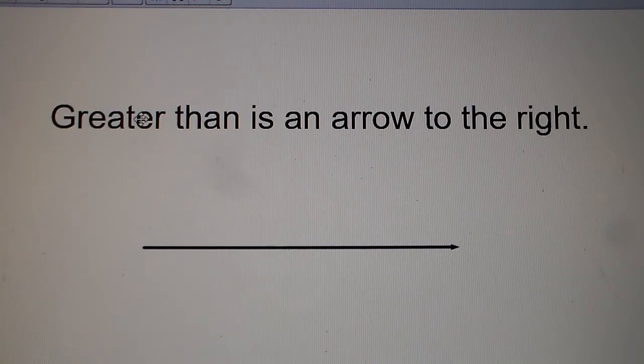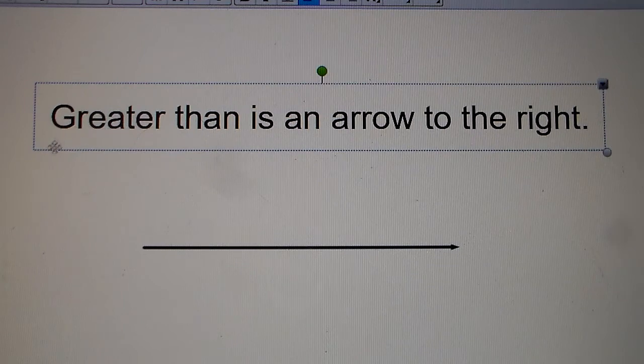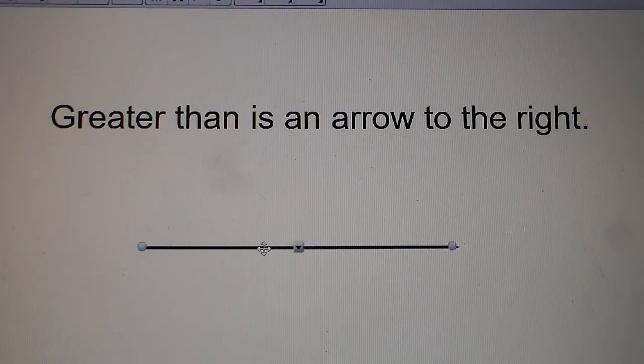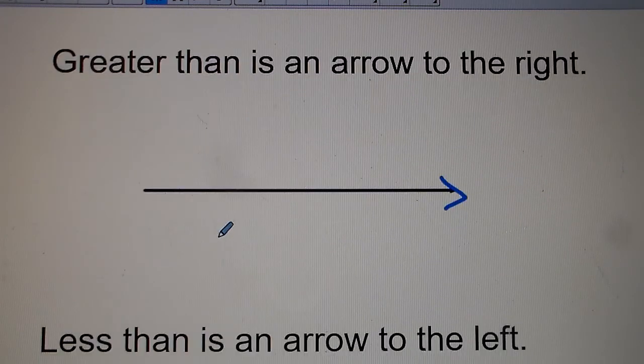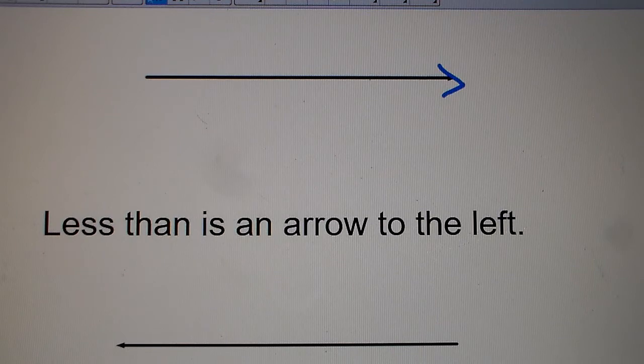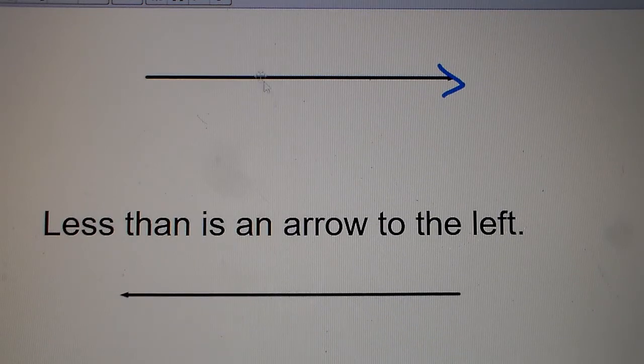So make sure you remember, greater than is an arrow to the right, like you see here. Make it a little bit bigger. Less than is an arrow to the left, like you see there. So greater than is to the right, less than is to the left.